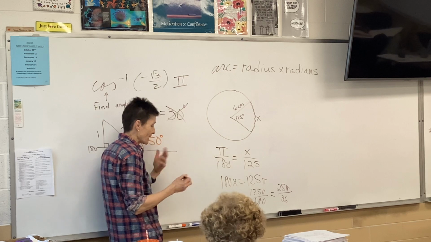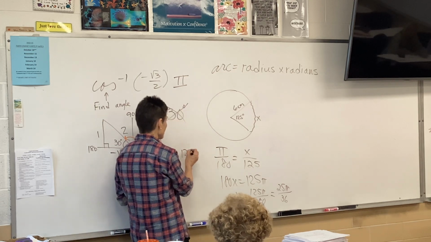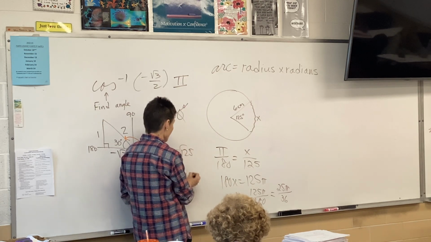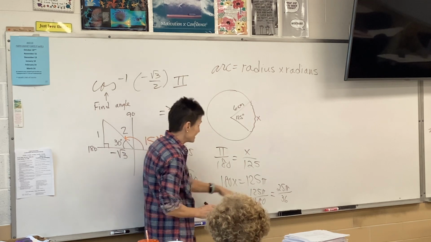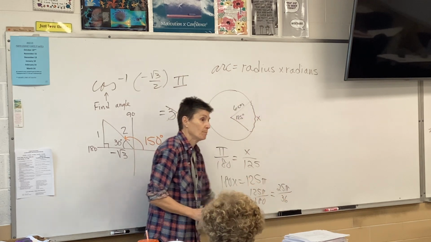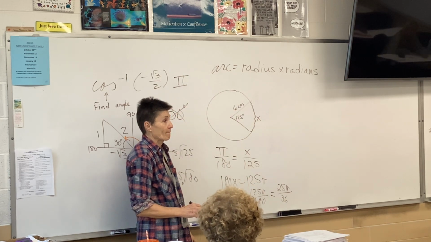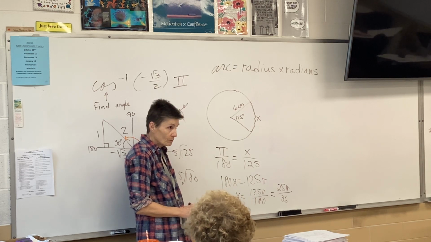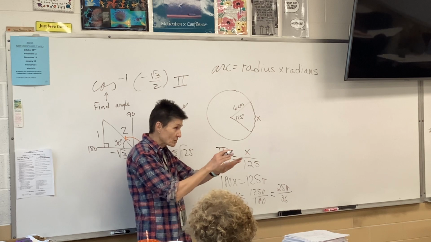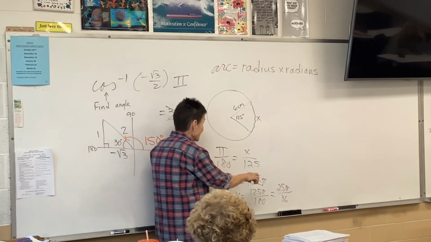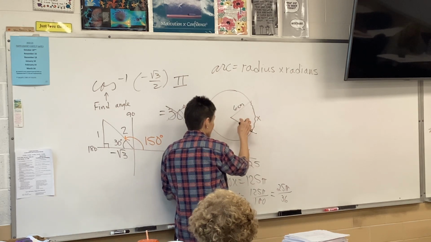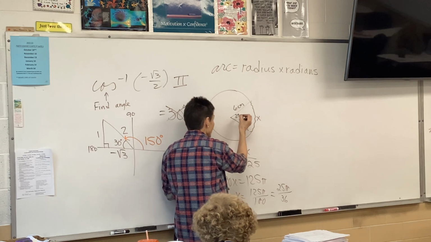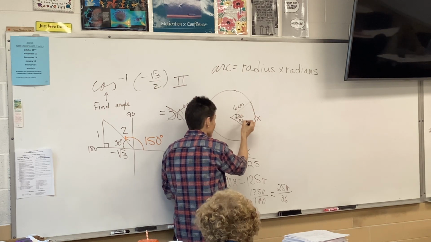Those are common numbers, I just know them. But you could do 125 divided by 5 and 180 divided by 5 to get those numbers. That's what you end up with. Now, that is not the answer to the question though. That is this angle right here. So I'm going to erase the 125 and make it 25 pi over 36.